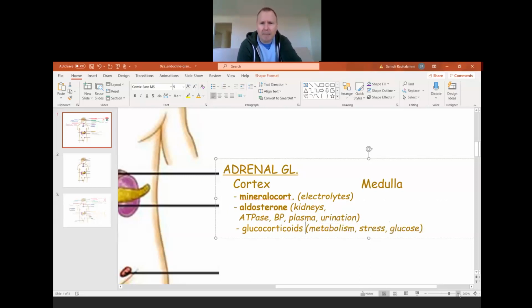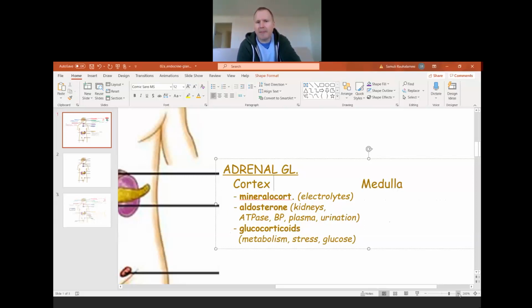So those are the three important hormones or groups of hormones from the adrenal cortex. I think I can fit it underneath here. And I know that this might seem like a lot. Remember what I said about the endocrine system being the hardest part of this chapter.